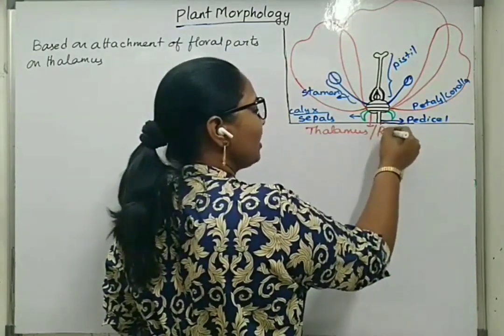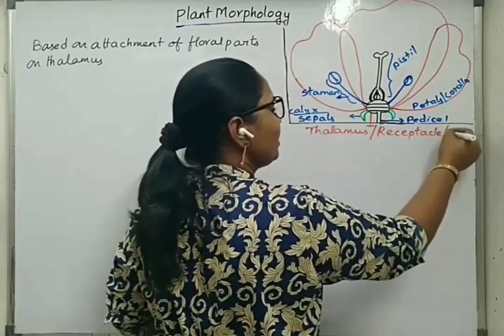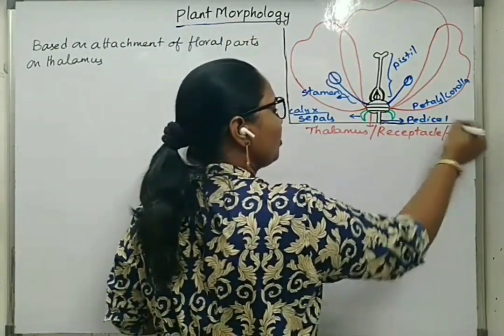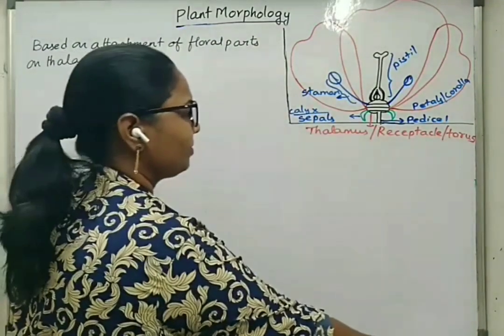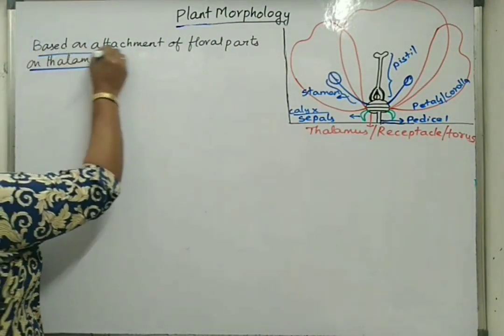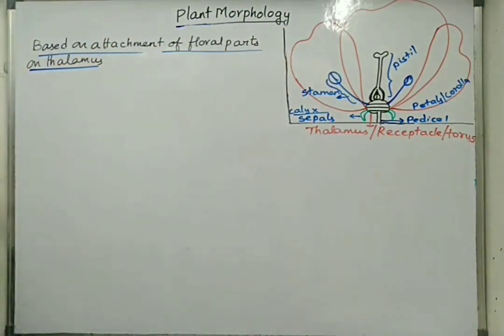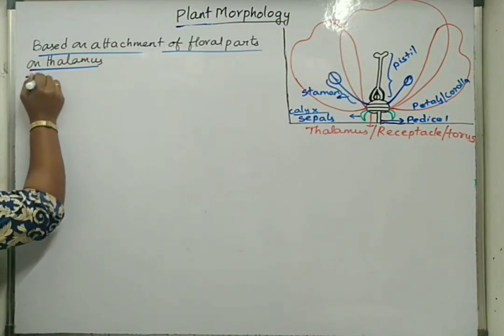Thalamus is also termed as a receptacle. Sometimes it is also used with the term torus. So based on attachment of floral parts on the thalamus, there are three different types of flowers.